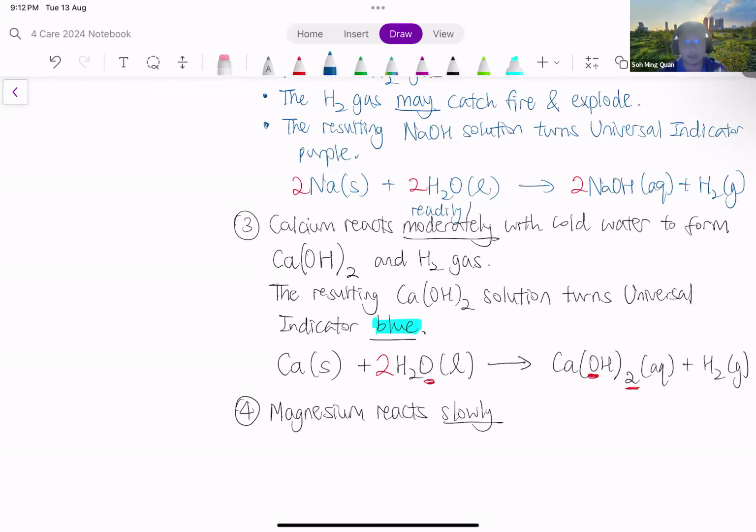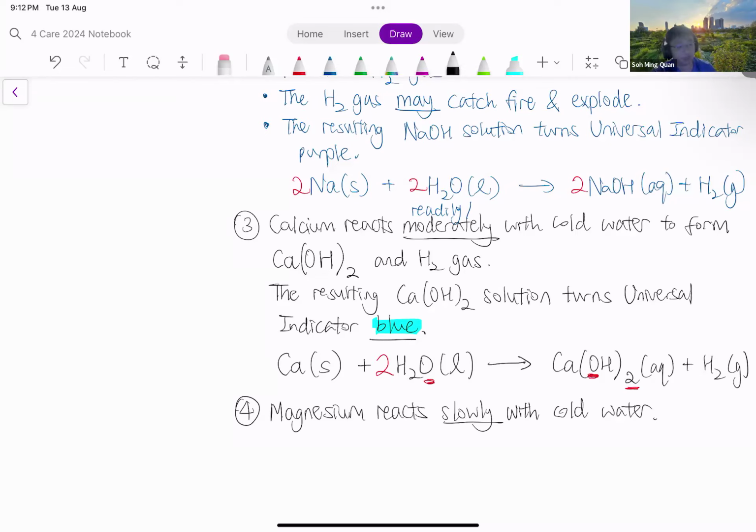Another word for moderately is readily. So magnesium reacts slowly with cold water. So this is the hierarchy: very violently, readily or moderately, then slowly.